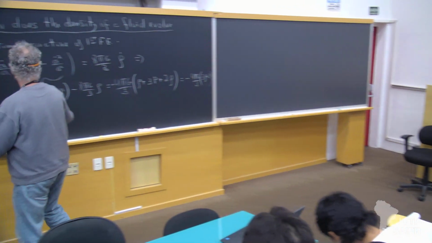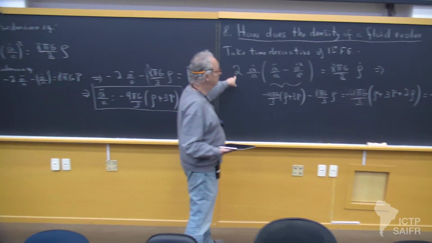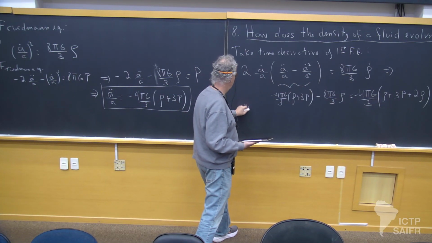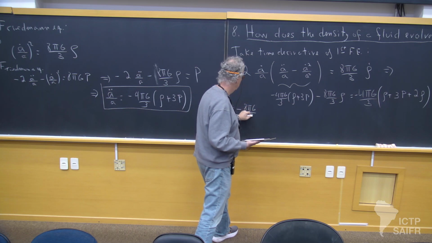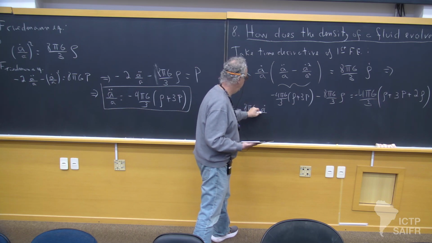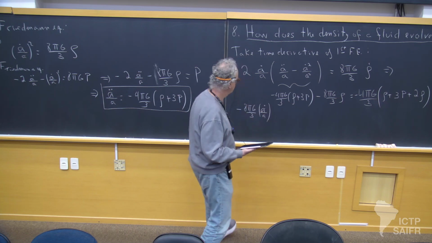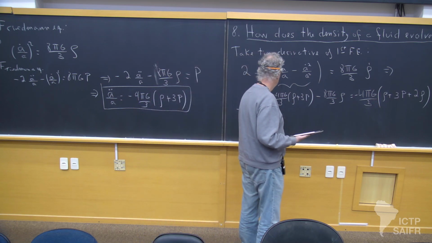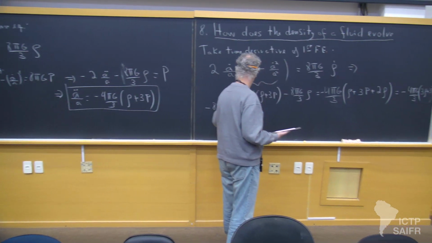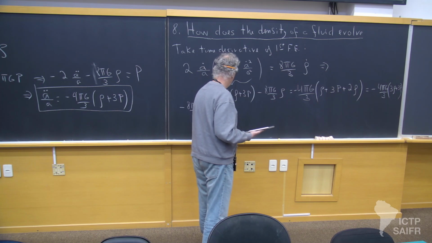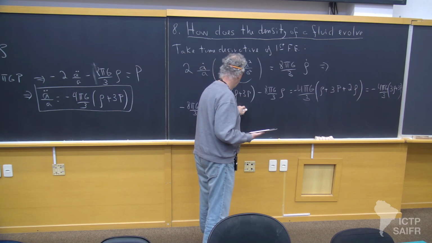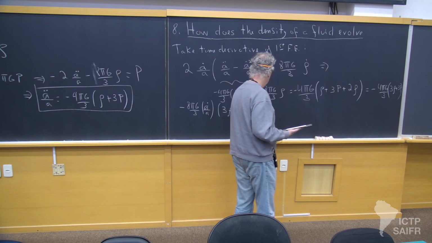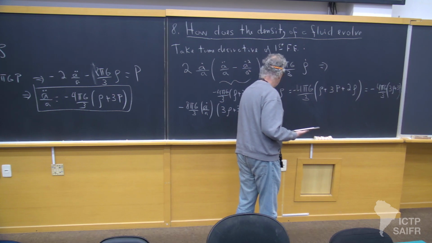So this equation becomes, there's a 2 here, minus 8 pi G over 3, a dot over a, that multiplies 3 rho plus 3p, equals 8 pi G over 3 rho dot.